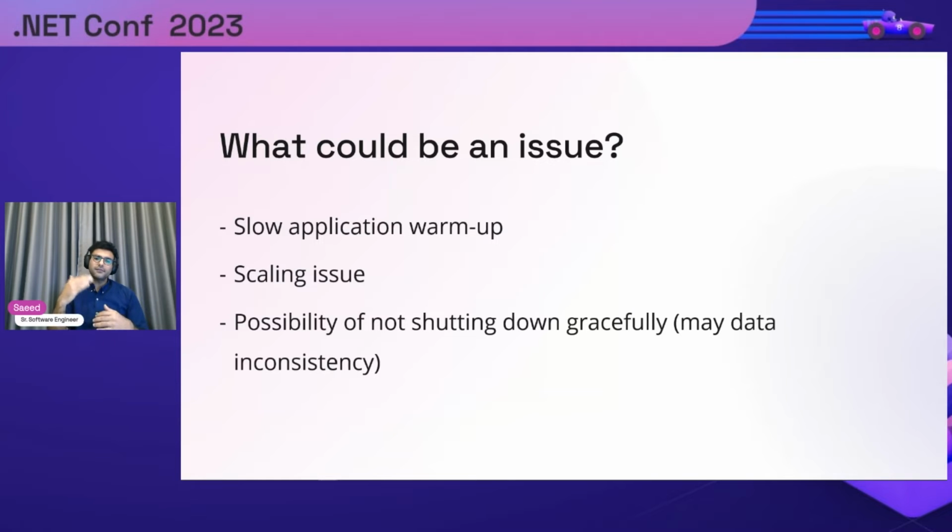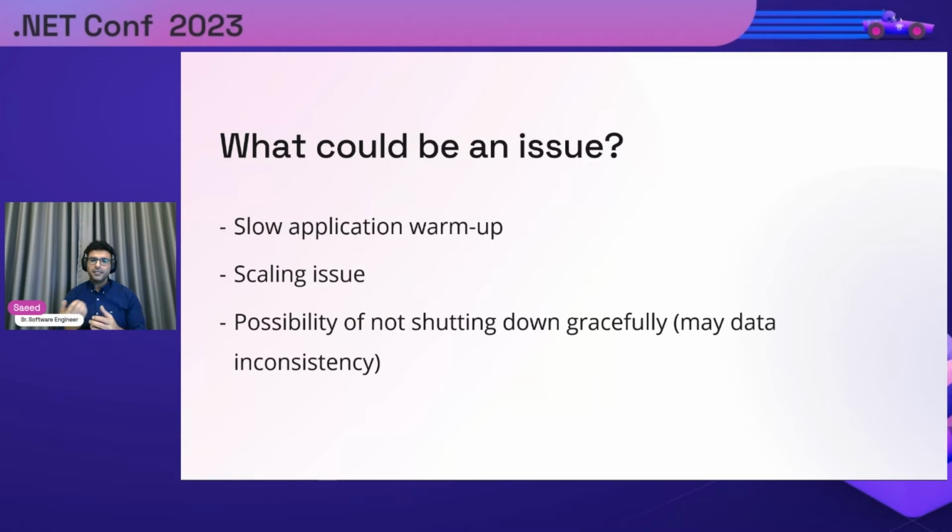It means if we have some custom hosted services that take time to run, our actual Kestrel won't run. It means our web API cannot serve any request. It will wait for the hosted services to run and then start listening on a specific port and be ready for serving requests.